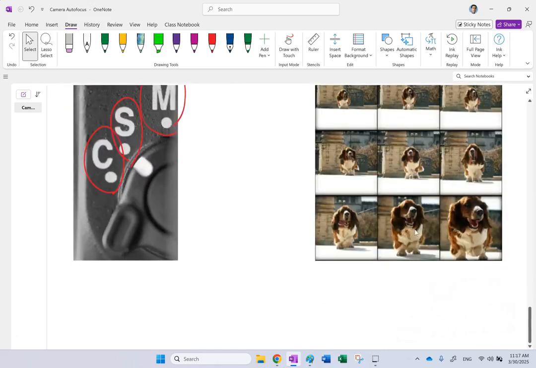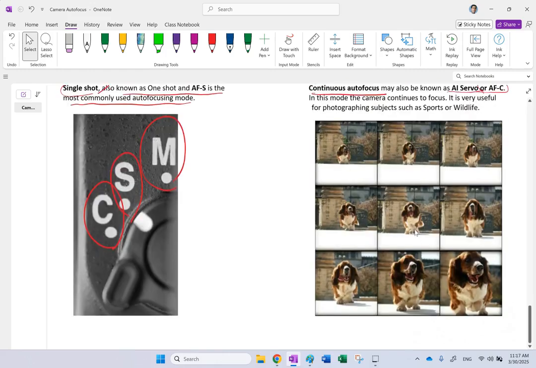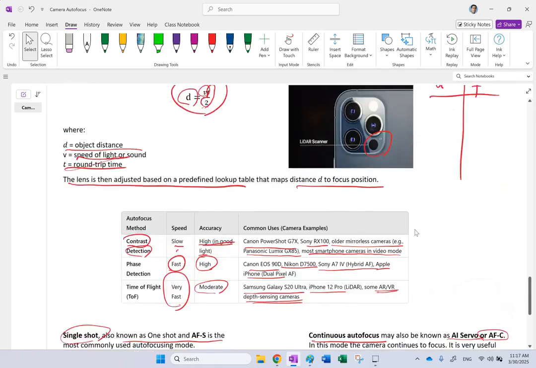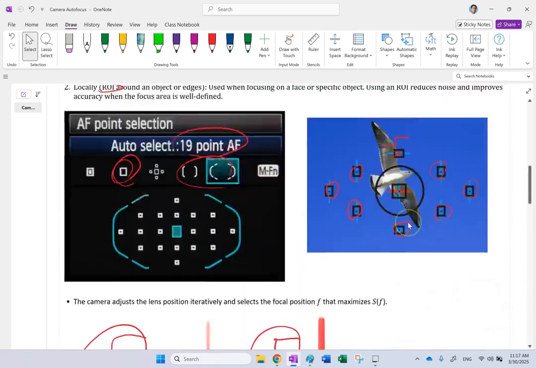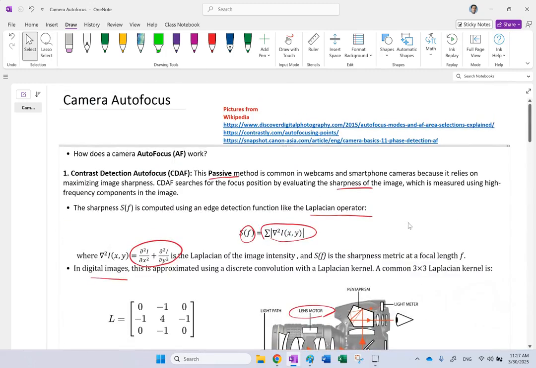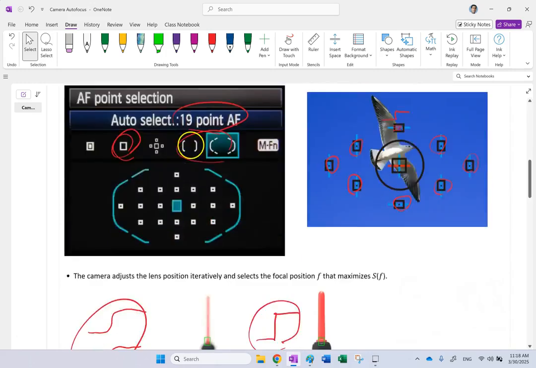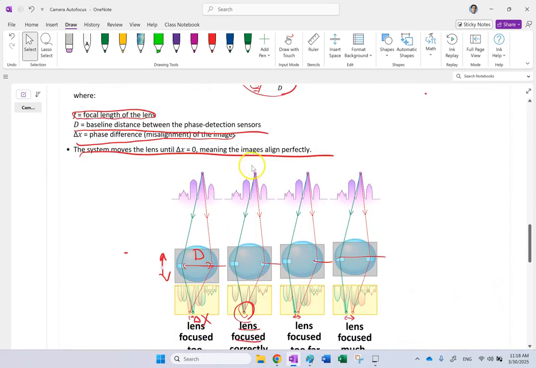So you can do real-time autofocus. Continuous autofocus, as I said, is the best thing that is out there, and many modern smartphones have it. So this is a summary of how autofocus works in different cameras with some simple formulas and explanations.